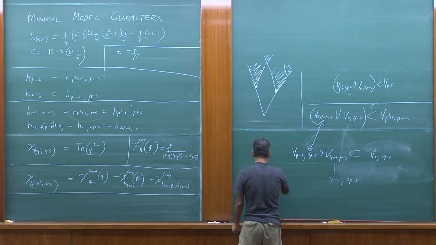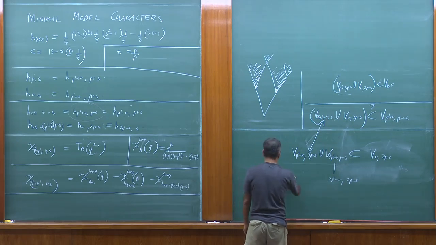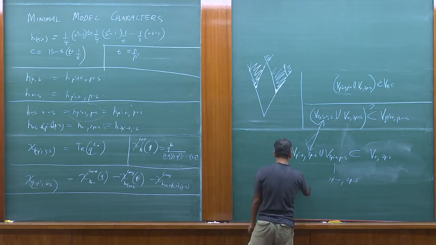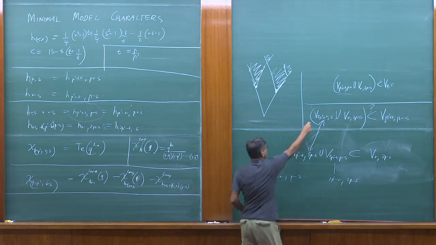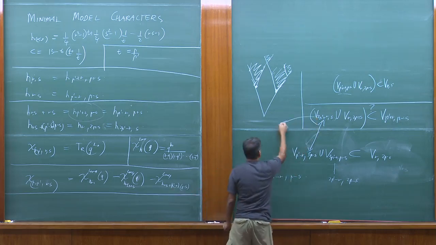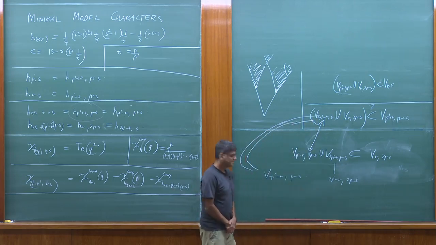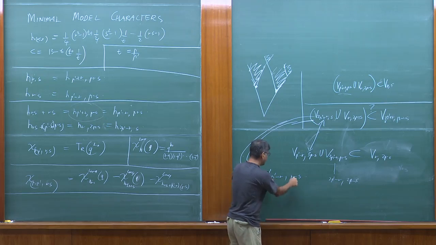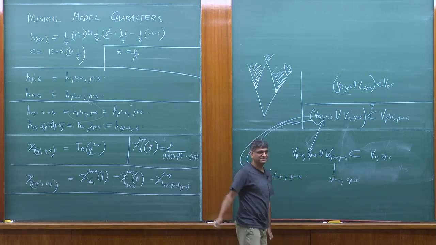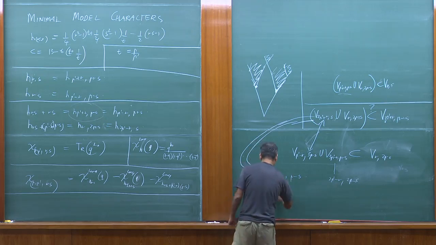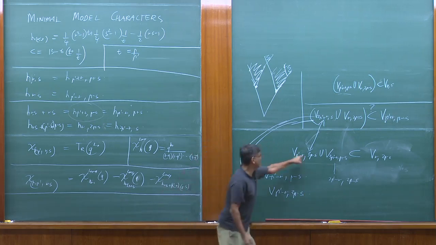So that's V of minus P prime minus R and P minus this, P minus S. So this is equal to this. But now add 2p and 2p prime and 2p. So this becomes V of P prime minus R and 3p minus S, which is the same as this guy.